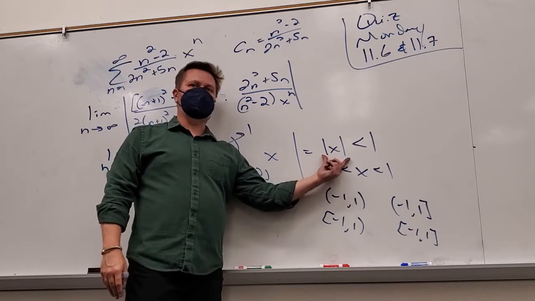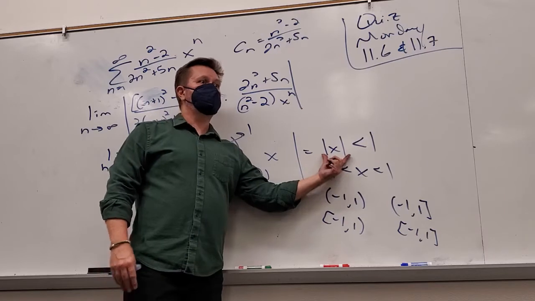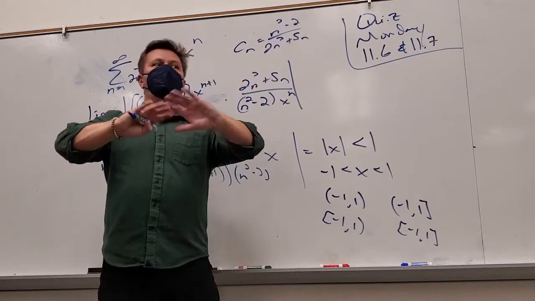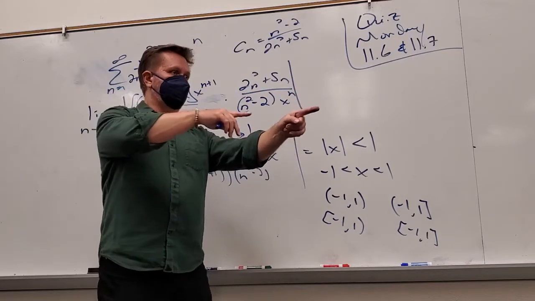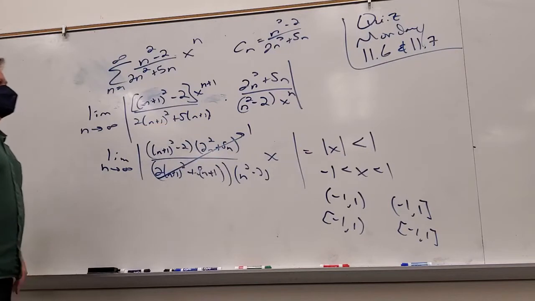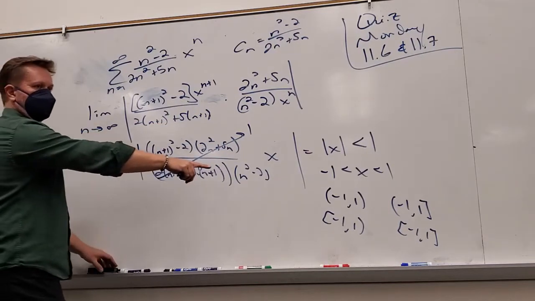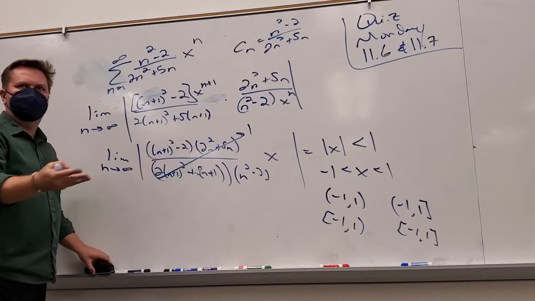If I get that result from the ratio test, what does that mean? Converges. Converges no matter what x is. Do you understand? No matter what I make x in that case, it will converge. We'll see an example like that. For the one we got, we know that those values work, -1 to 1. We just don't know if we're going to include one or either or neither.